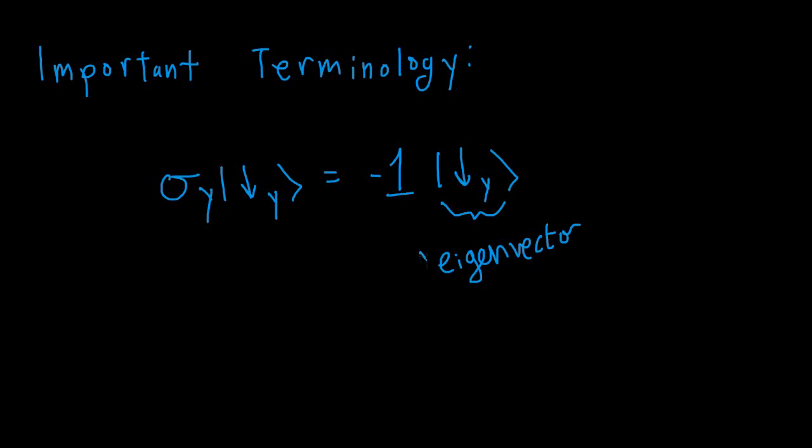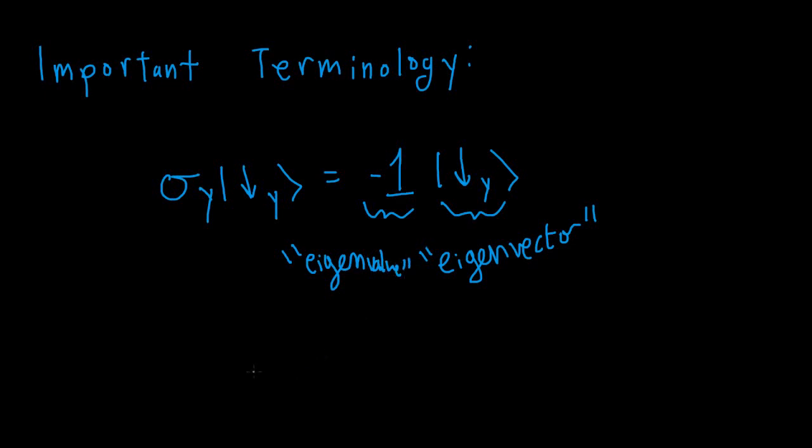So you would say that this vector is an eigenvector of sigma sub y. You would also call this value, here it's -1, an eigenvalue.